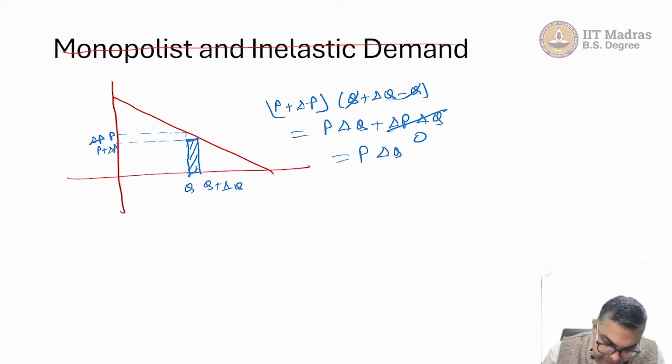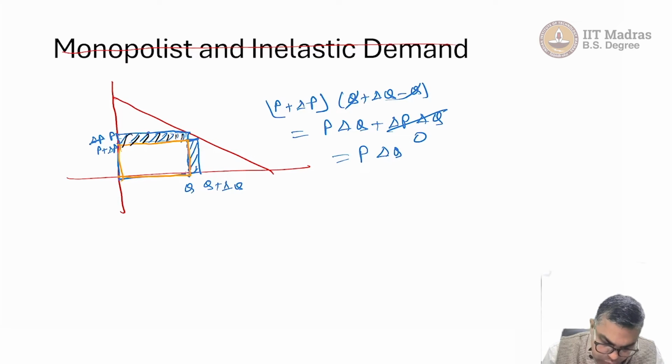But on each item, this is what you are losing. Earlier you had this whole area, but now you have a smaller area, which is this. So this is what you are losing. And how much is it equal to?